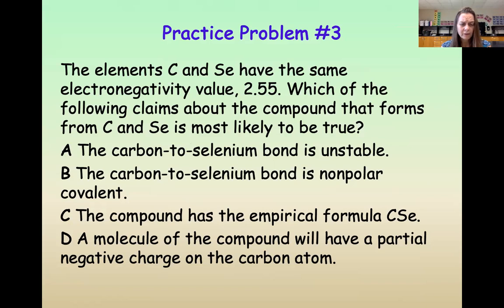If we look at the others, the compound has the empirical formula CSe. We don't necessarily have enough information in order to answer that question, but if we just look at where selenium is on the periodic table, it's not only going to form one bond with carbon. And a molecule of the compound will have a partial negative charge on the carbon atom. No, it's going to have zero charge on both atoms.